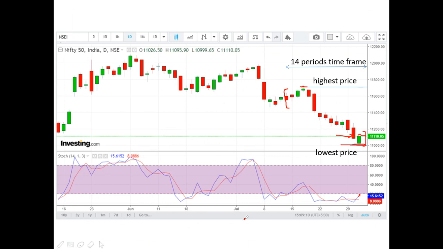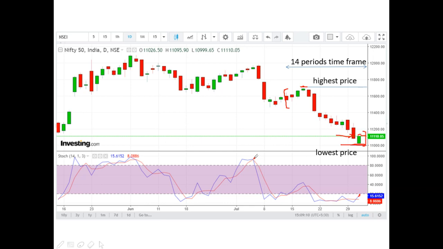Now let's look at it in the chart itself. This blue line is the percentage K and this red line is the percentage D. It's the 3-period moving average of this percentage K. When this crosses here, as we can see it has crossed here, this is a bearish signal.